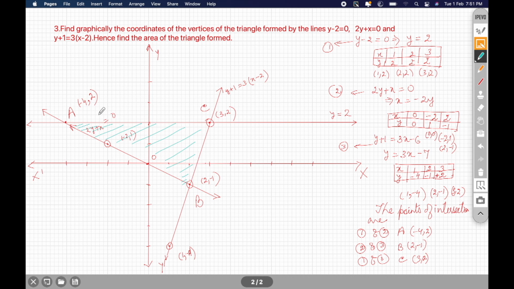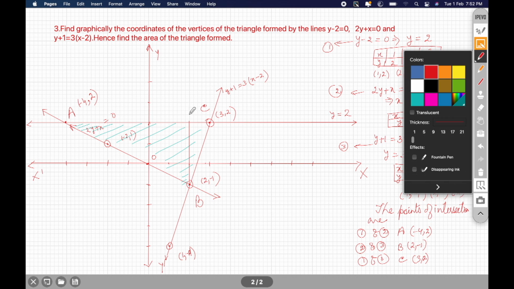So now if I take AC as the base, the height is to be drawn from the vertex B to the side AC. So let me draw the height, that is the perpendicular from B to AC, and mark this point as D. So area of the triangle ABC is half into AC into BD. If you count again here, we have 5 squares equal to 1 unit.